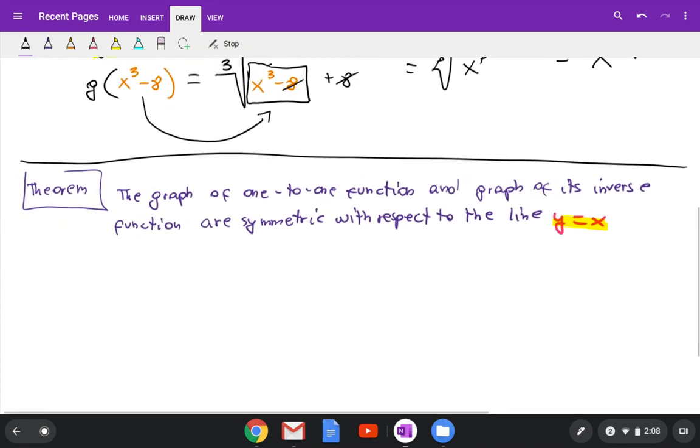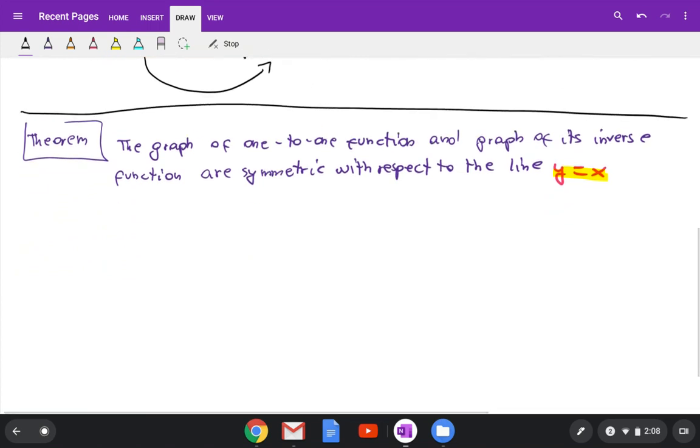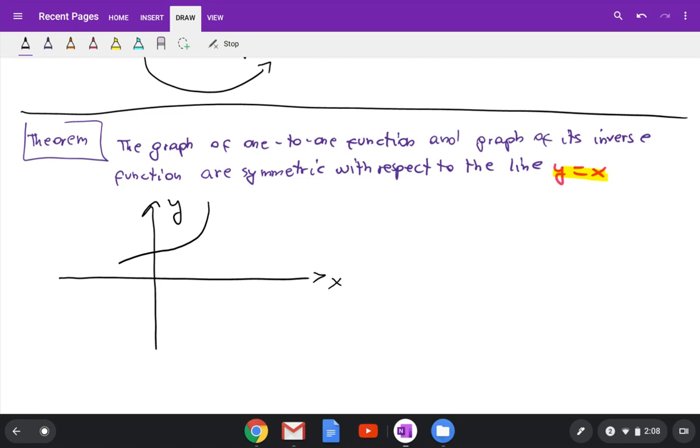So let's just quickly show you that on the graph. Let me draw the best I can. So we have function f, and the identity function, the line y equal x.